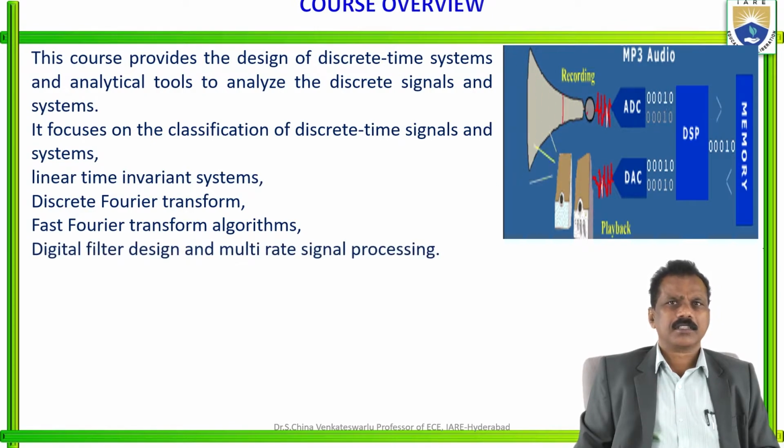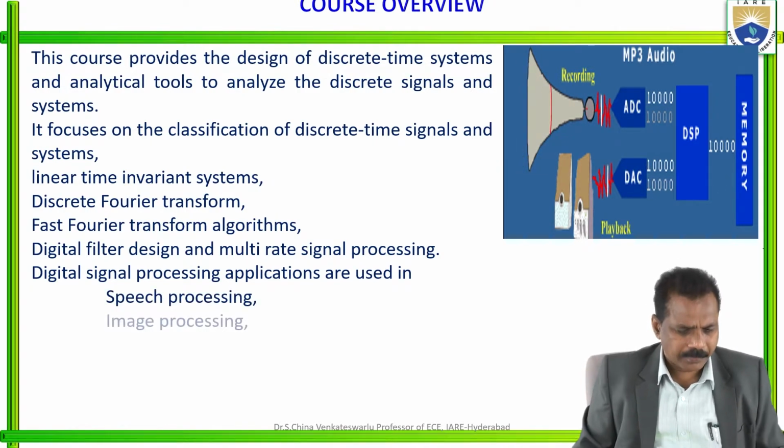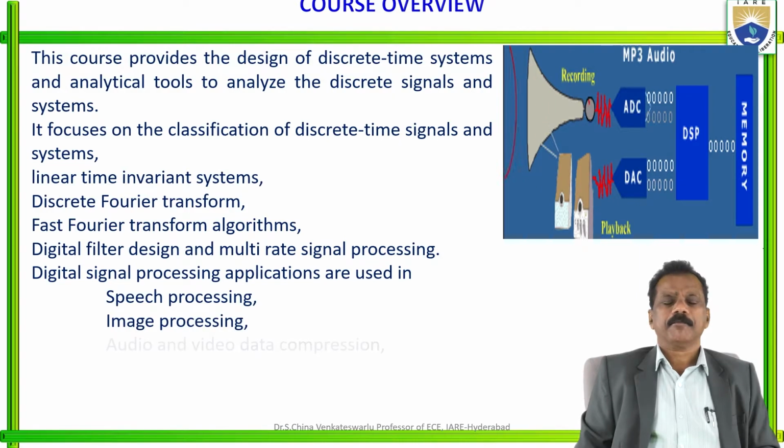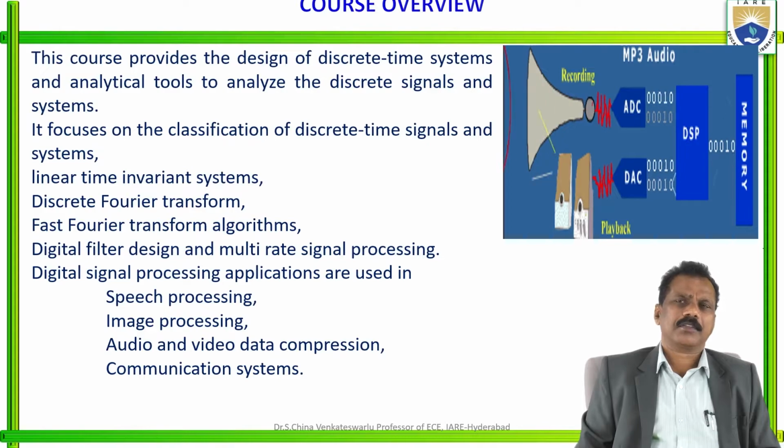Then digital filter design and multi-rate signal processing. Digital signal processing applications are used in speech processing, image processing, audio and video data compression. The major one is the communication system, a major application related to electronics and communication engineering.